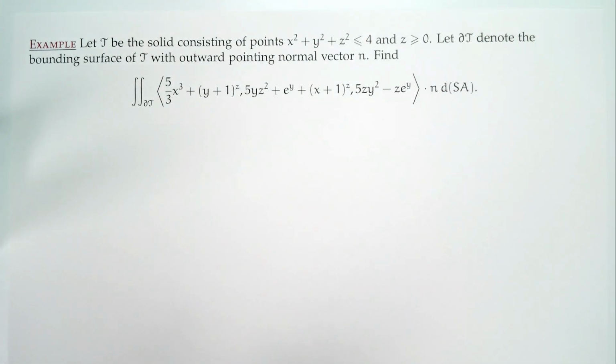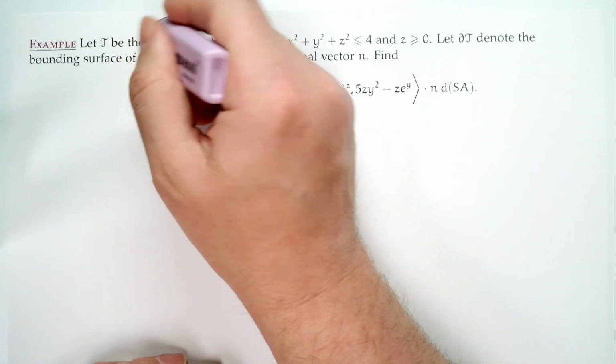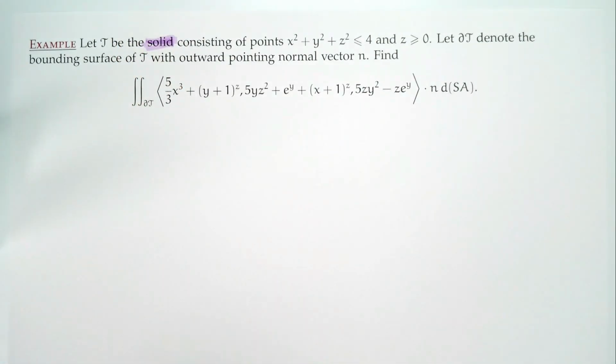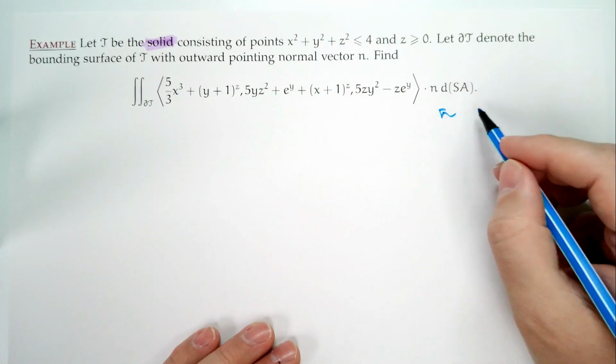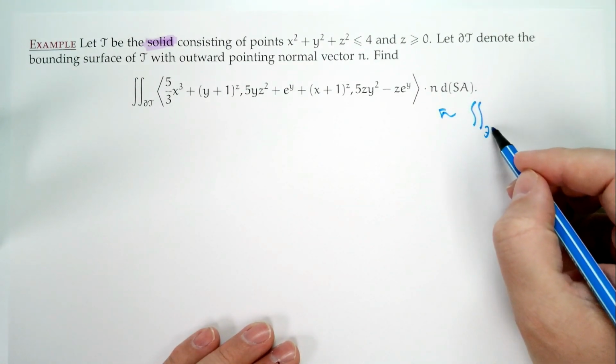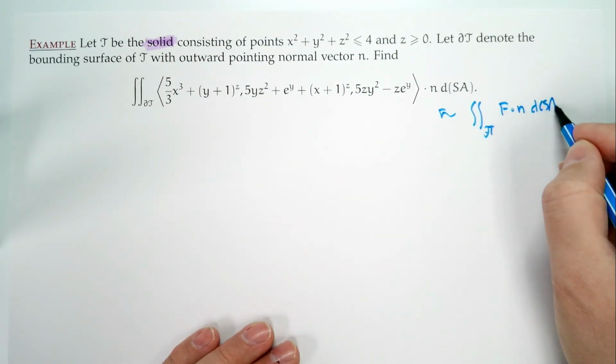Now, what problem are we in? What are our keywords? Well, here's our big keyword. It's a solid. So when we see the word solid, we think divergence. And in fact, that's what's happening here. Because if you think about what this expression is, this is the integral over our boundary of F dot n dS.